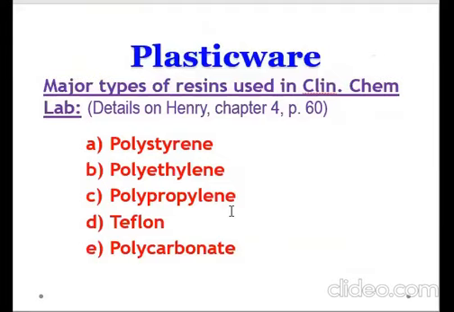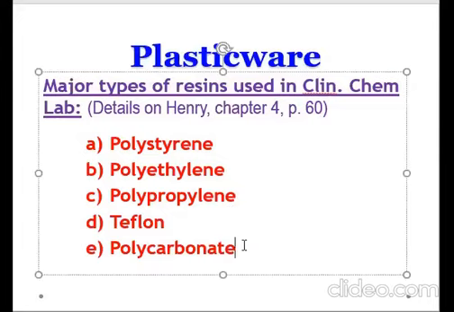Now, if we're going to base it on the book Henry, there are actually 5. So we have polystyrene, polyethylene, polypropylene, Teflon, and polycarbonate. But if you're going to look at Bishop, the reference Bishop, actually may dinagdag pa siya dito. So aside from these 5, dinagdag po ni Bishop yung Tygon.